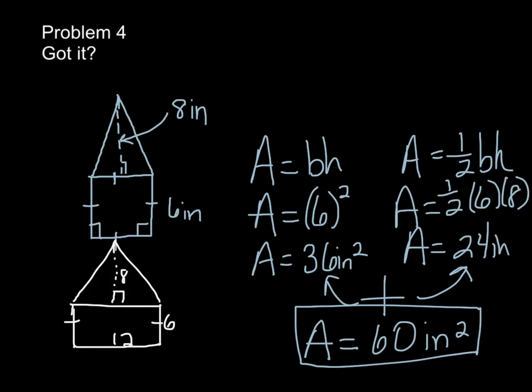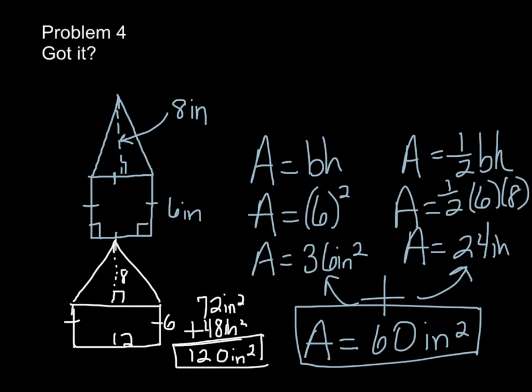So if we quickly found this, we know the base of this is 12. 12 times 6 would give us 72 squared inches. Plus, this would be 12 times 8, which would be 96, and half of 96 is 48 inches, which gives us an area of 120 square inches.